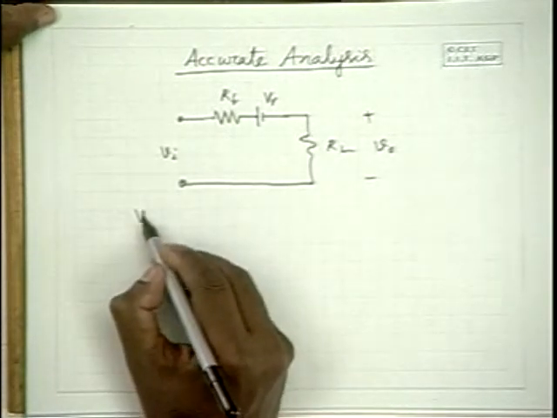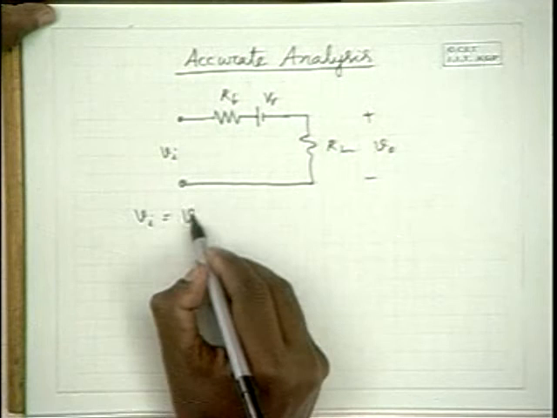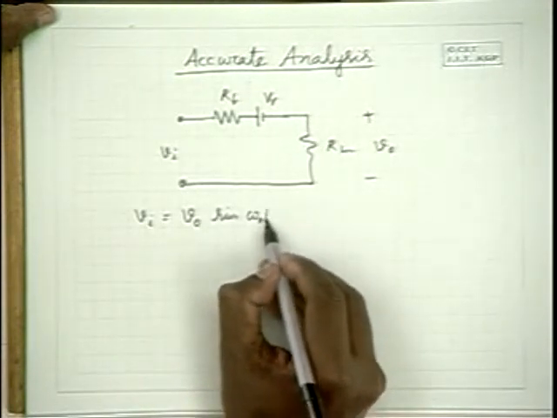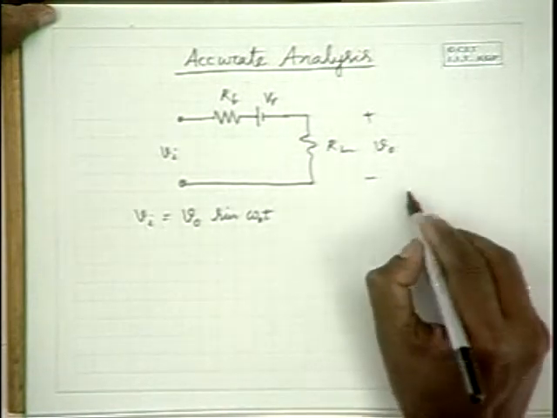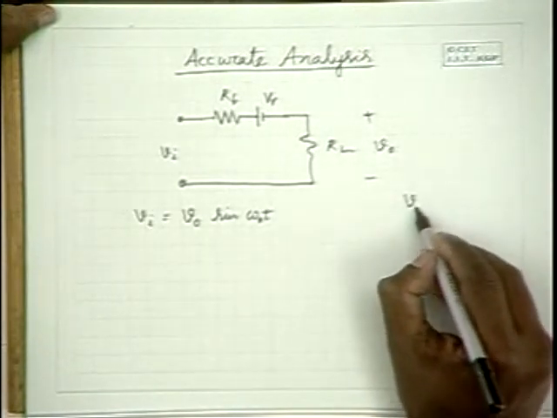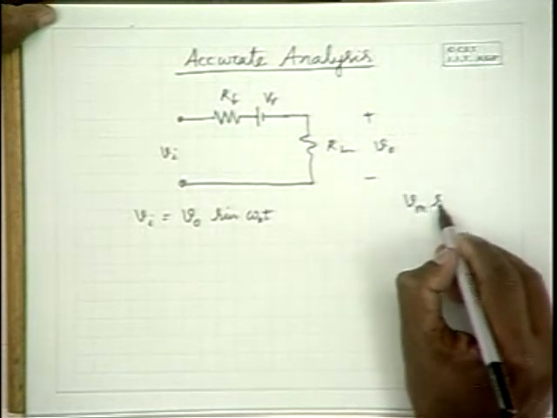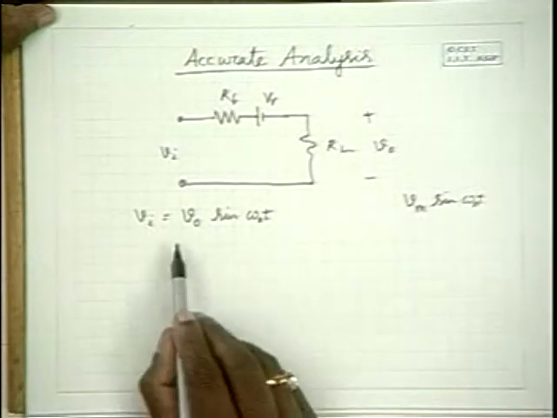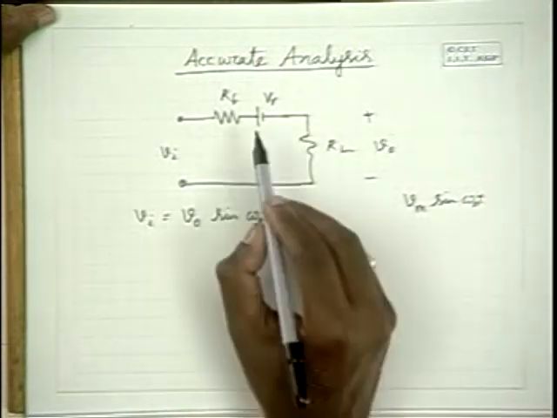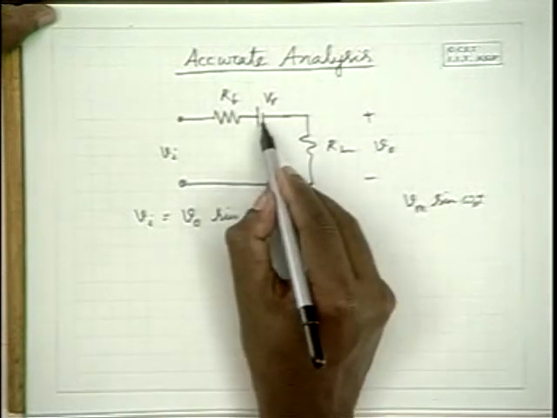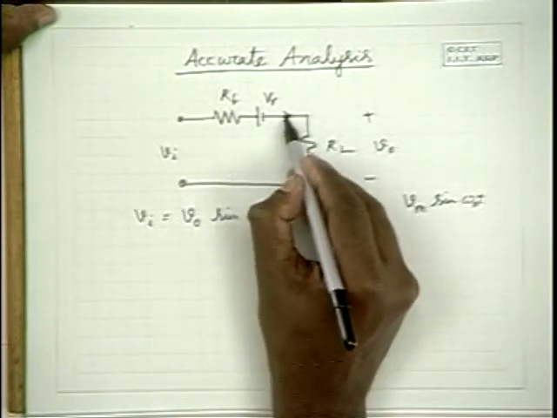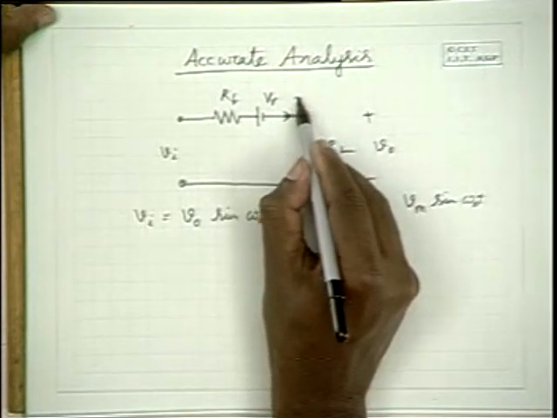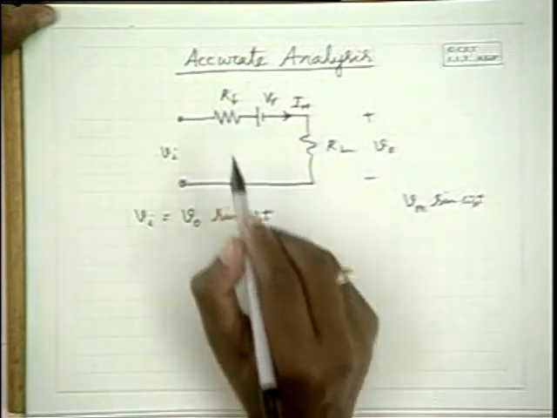So let us slightly change the notation here. Let the input voltage be V0 sine omega naught t. And the output voltage, let us say, has peak value equal to Vm sine omega naught t. So what is the difference between V0 and Vm? The difference is V gamma plus, if the diode peak current is Im, Im into RF.